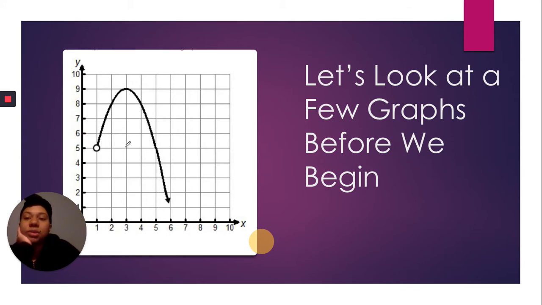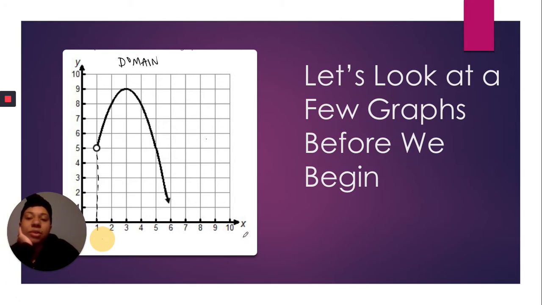So here, let's look at domain first. You can pause the video if you want to try first before we talk about the answer. My leftmost part of my graph is at 1. And the rightmost part shows an arrow, meaning it's going to go forever.